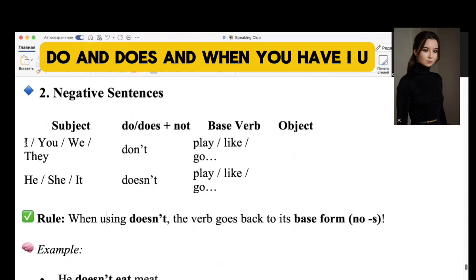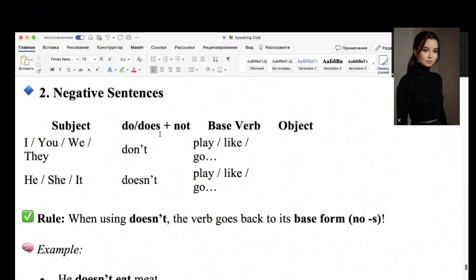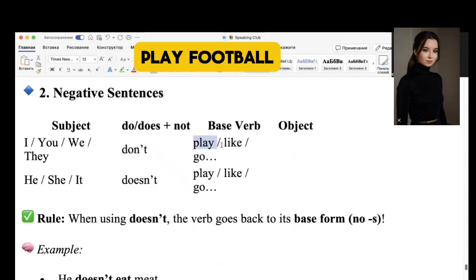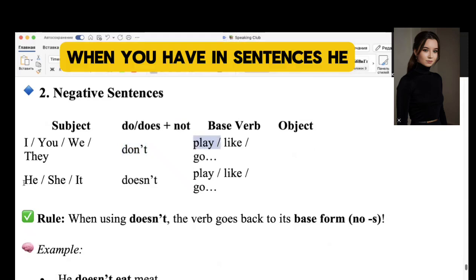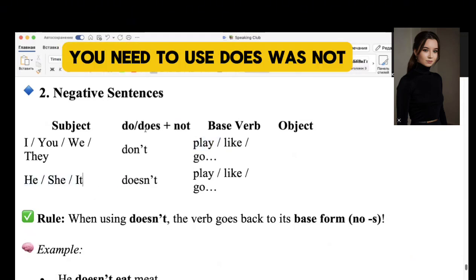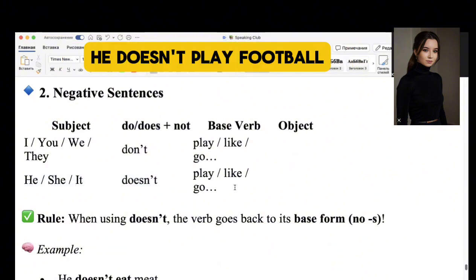When you have I, you, we, they, you need to use do and not, so you have don't. I, you, we, they don't play football. When you have he, she, it in a sentence, you need to use does with not, so doesn't. He doesn't play football.